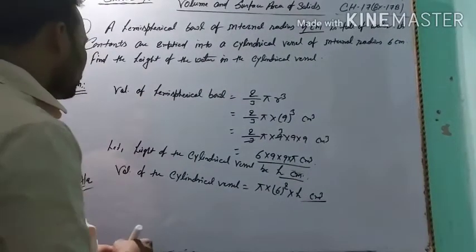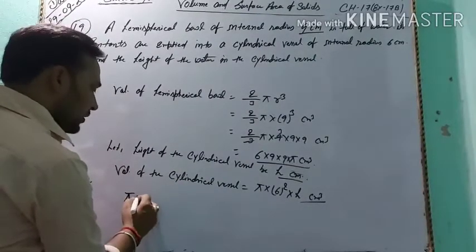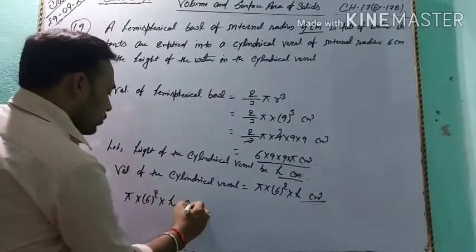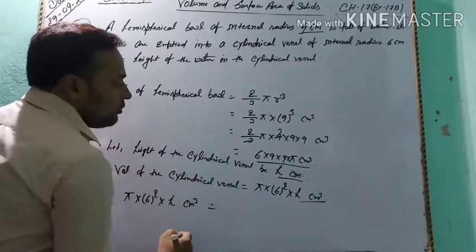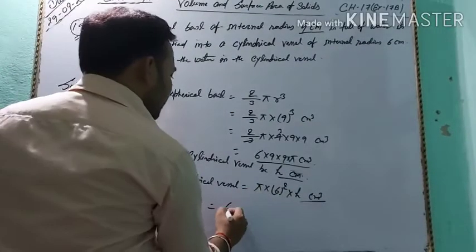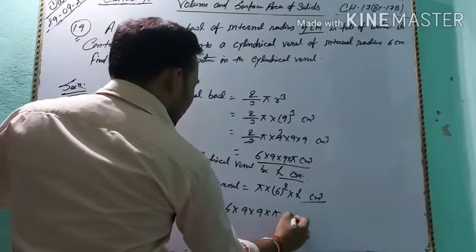So according to your question, volume of the cylindrical vessel pi 6 का square multiply h cubic centimeter is equal to volume of the hemispherical bowl, that is volume of the water, that is 6 multiply 9 multiply 9 multiply pi cubic centimeter.